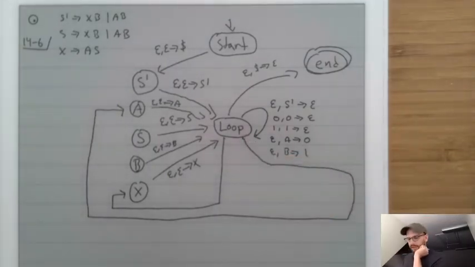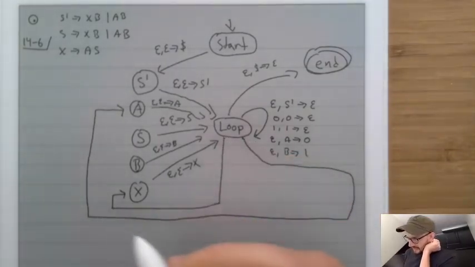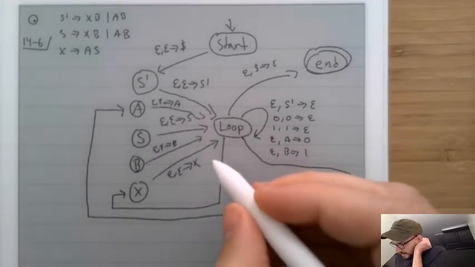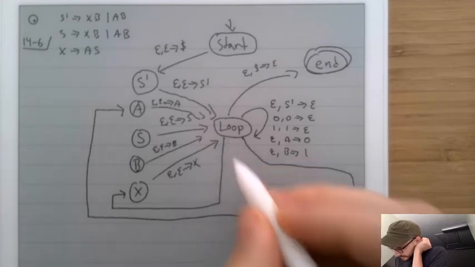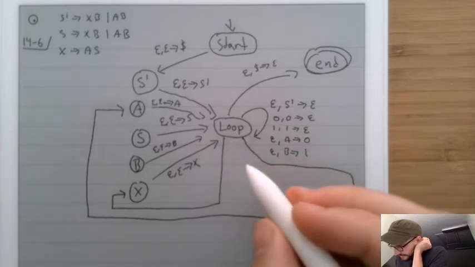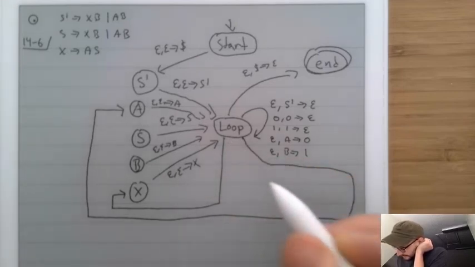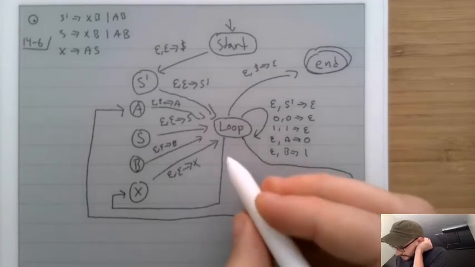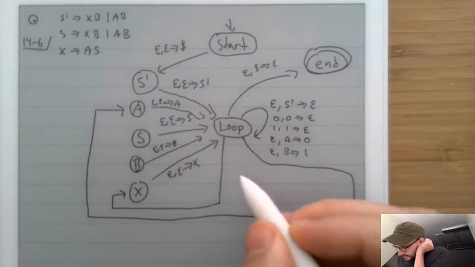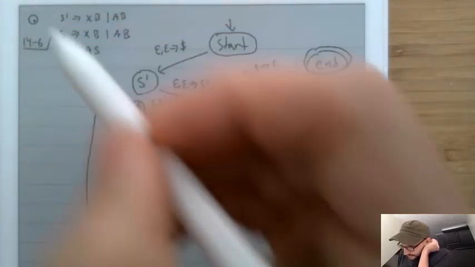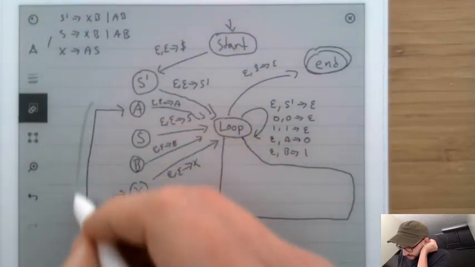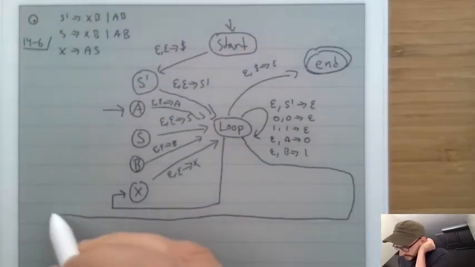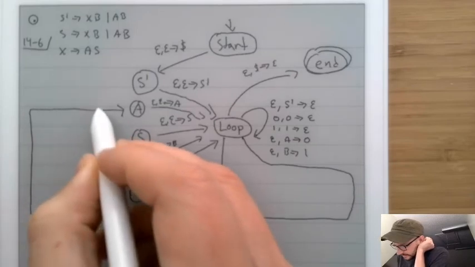Okay, so on these labels, the ones that go to the X state, oh yeah, we also need one for the S state. Ooh, yeah, this is really annoying. Okay, where can I fit this? I've got an idea. Okay. Graph drawing is hard. All right, we'll give ourselves a lot of space right there.